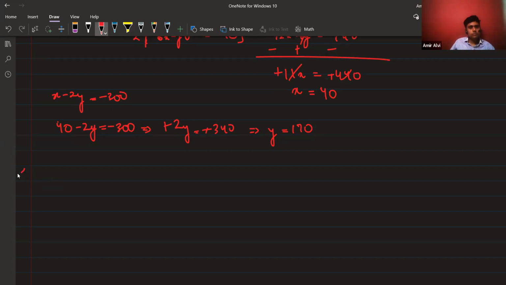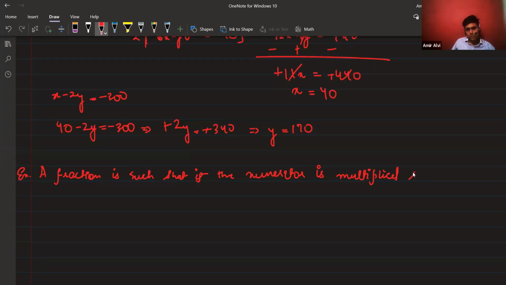The question is: a fraction is such that if the numerator is multiplied by 3 and the denominator reduced by 3, we get 18 by 11.